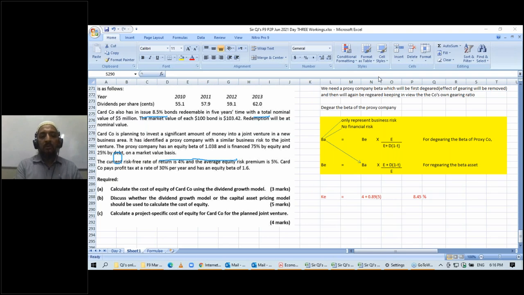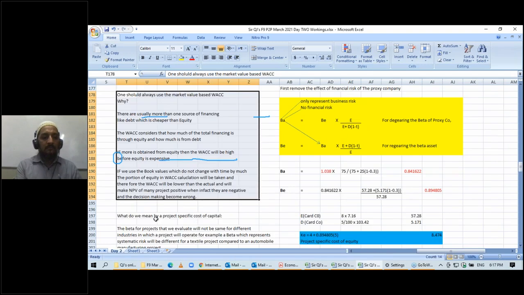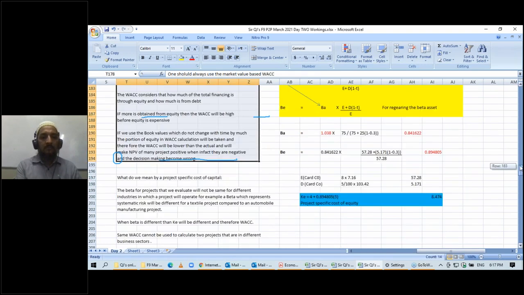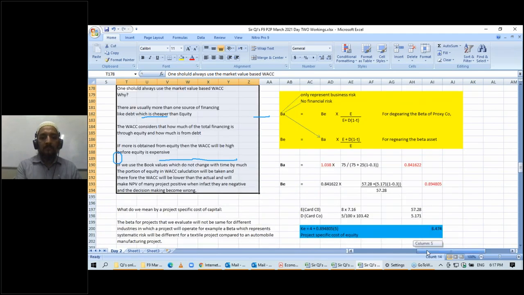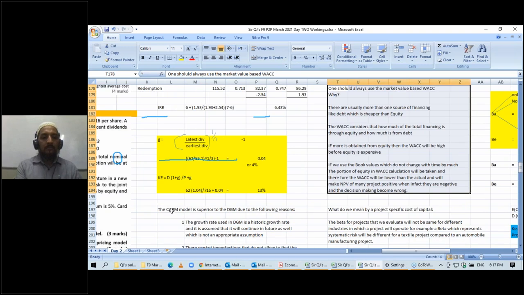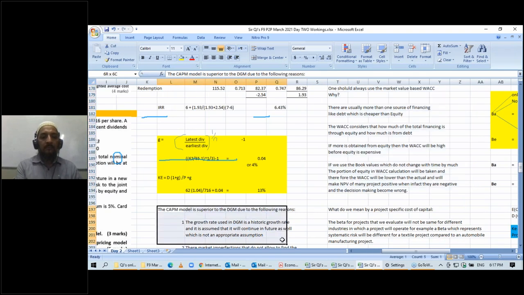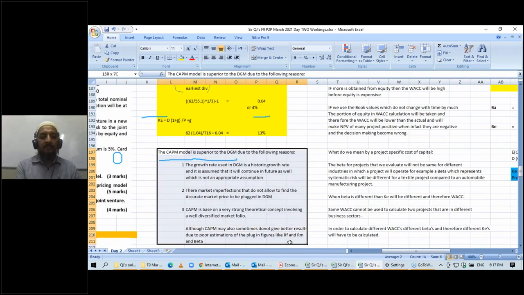Okay, so students, let me give you the part B's answer, that why is the capital asset pricing model better? And then we'll move on to the hedging concepts.